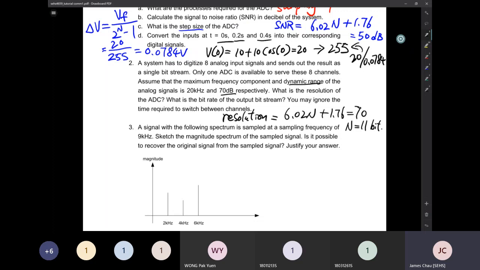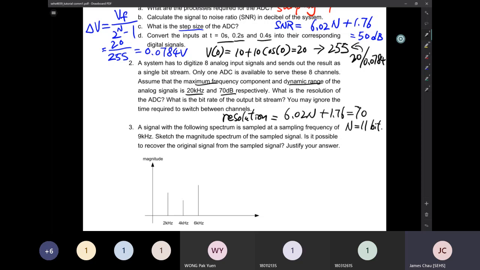Now, any question? Now for the second part, what is the bit rate? The maximum frequency of the signal is about 20 kilohertz.